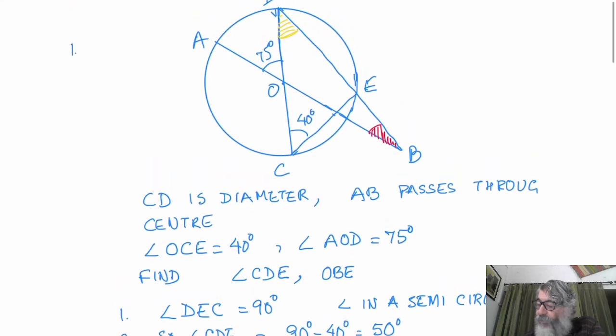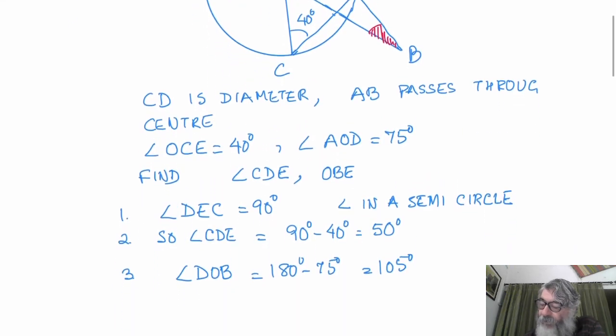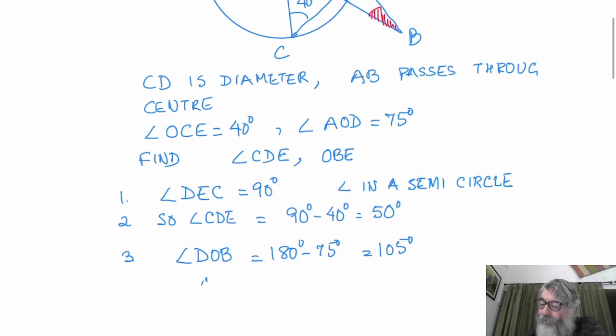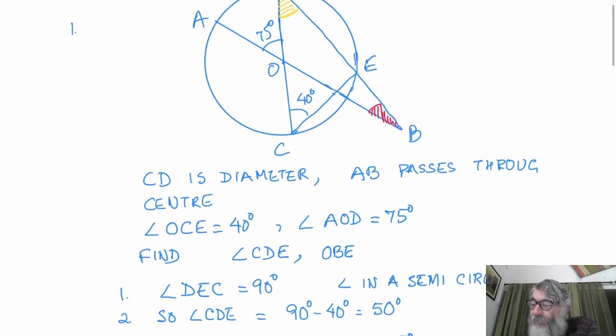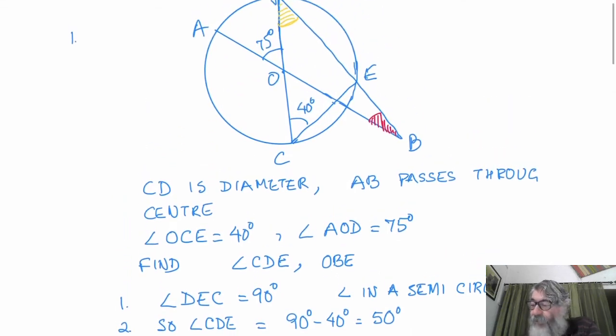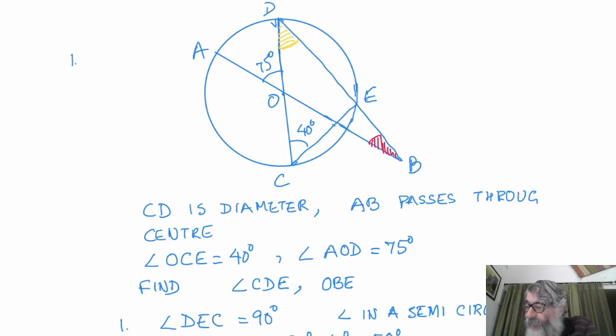Because AOB is a straight line, and a straight line is 180 degrees. So if AOD is 75, let me write that angle with another color, this angle becomes 105.